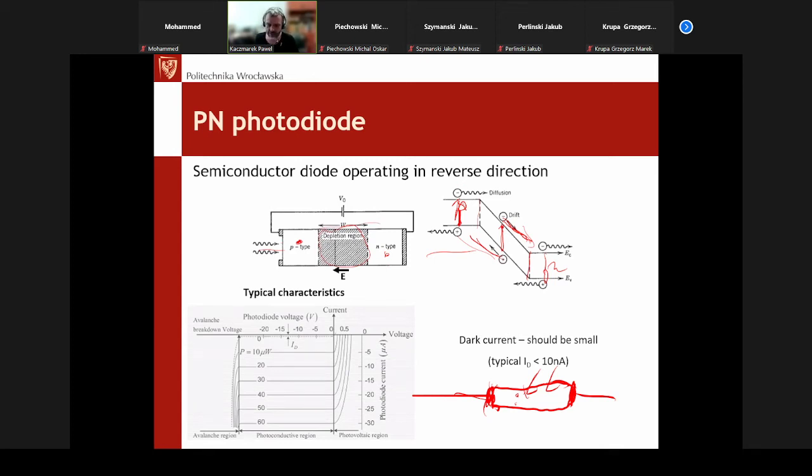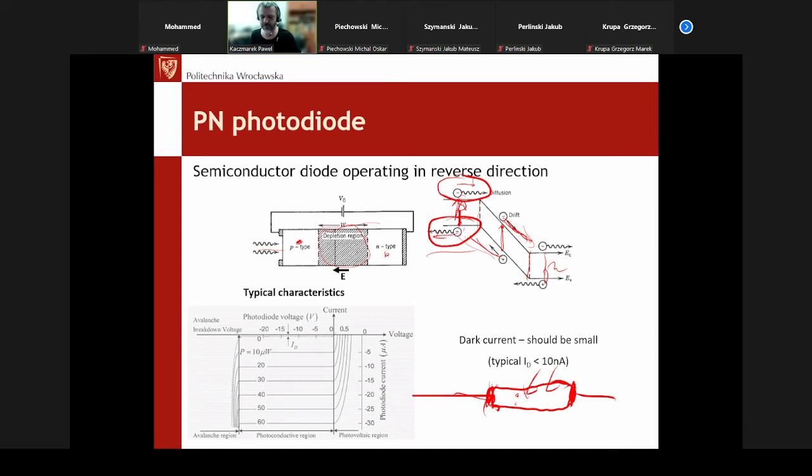So every electron hole pair created here, these carriers are moving extremely slowly because the mechanism of the carrier movement in these layers is the diffusion, and diffusion is regarding the time scale, of course, extremely slow process.